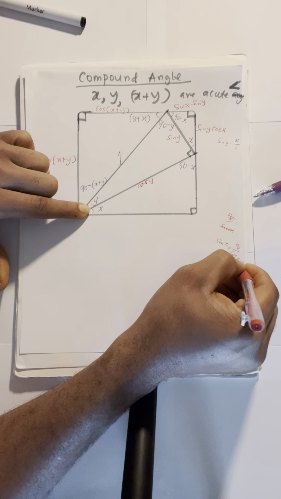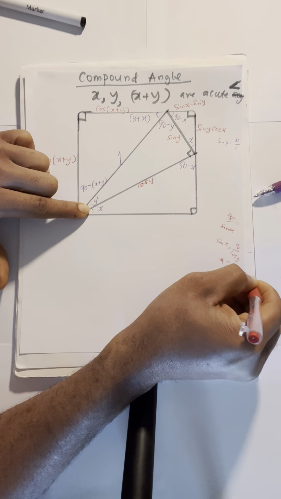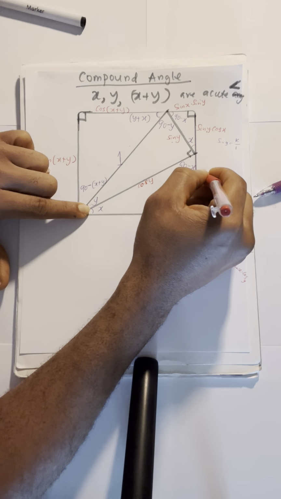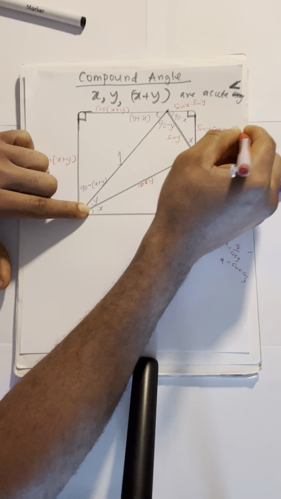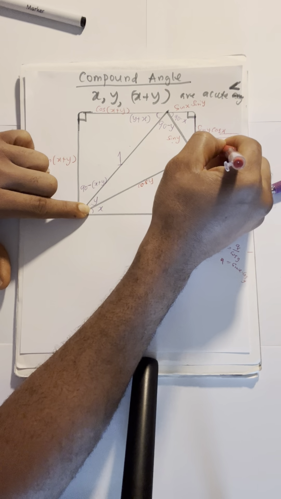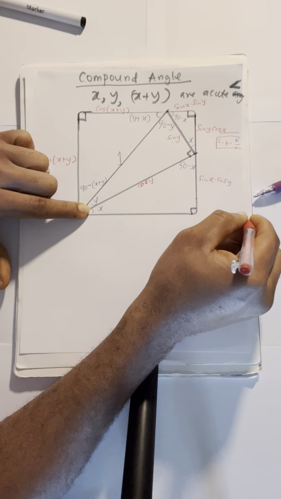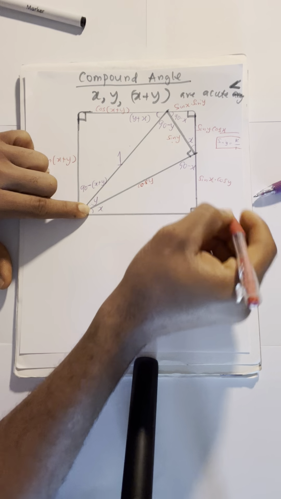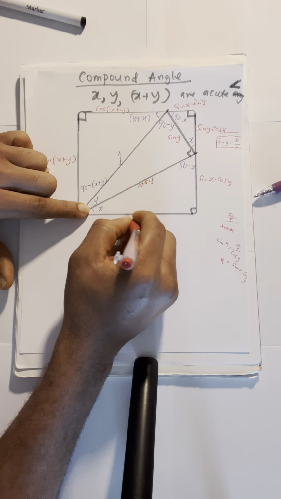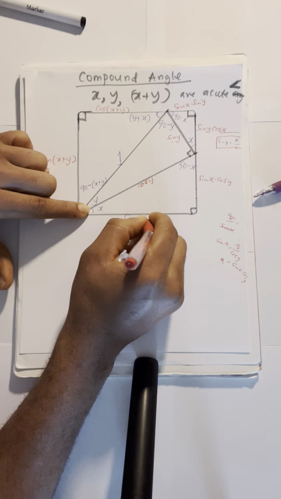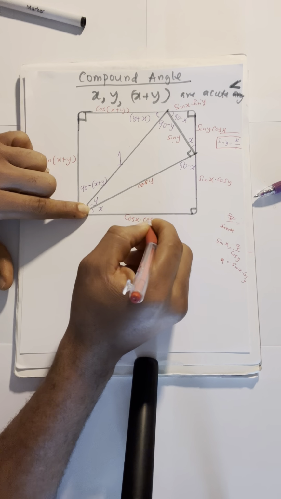So Q is equal to sine x cos y. This length will be sine x cos y. With the same thinking, this side would be cos x cos y.